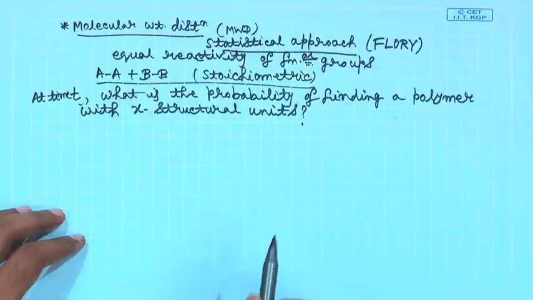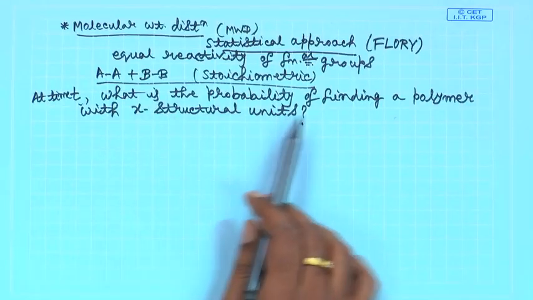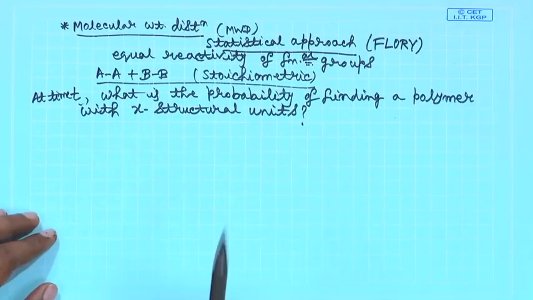You cannot go to say 1.5 or close to 1, it will be close to 2. Those reasons we will be discussing here. After this analysis it should become clear. So, at time t, what is the probability of finding a polymer with x structural units?